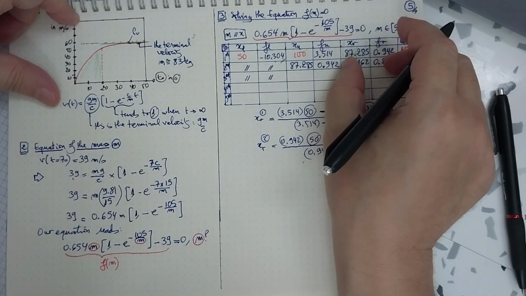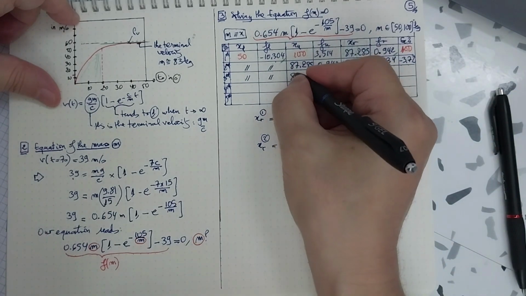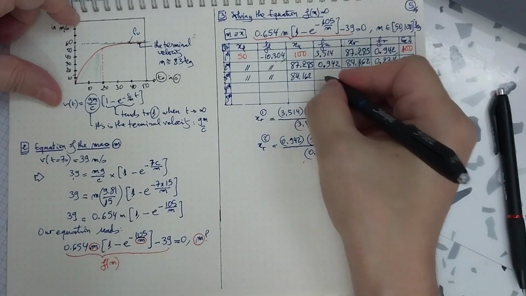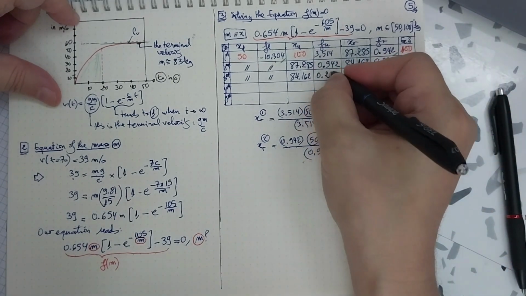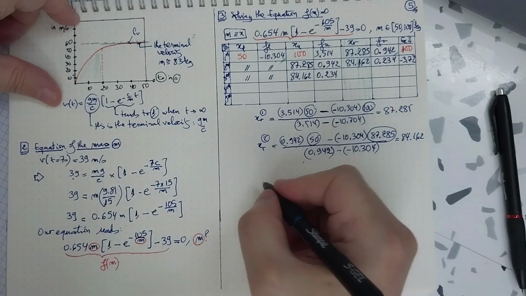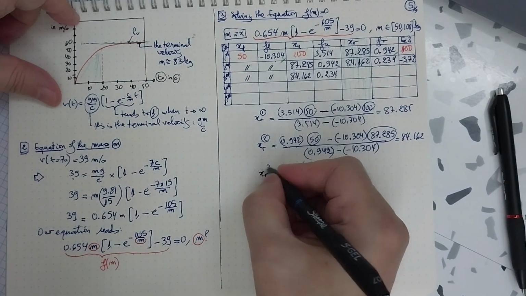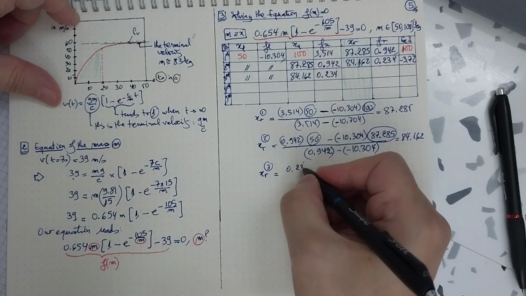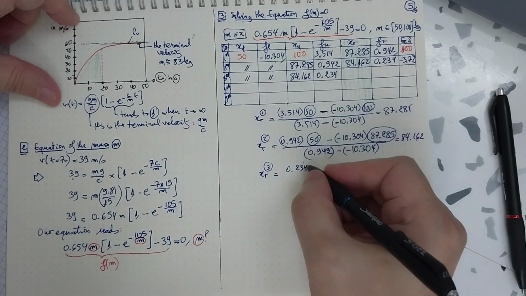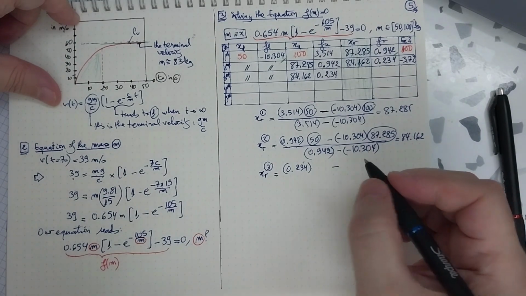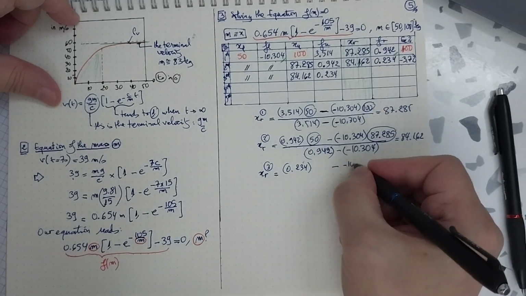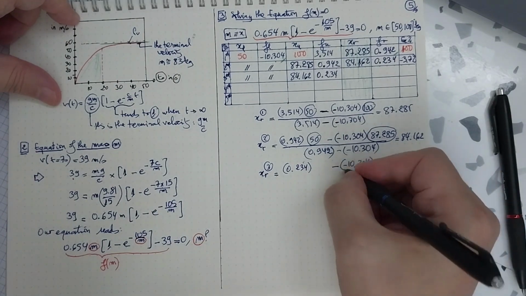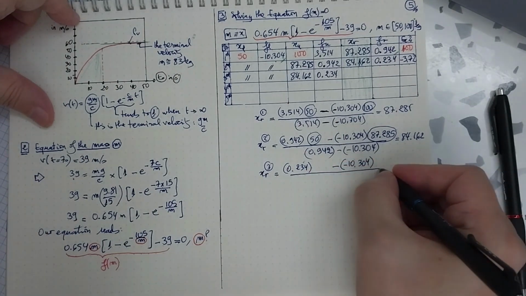And we take XR and its image, 84.162 and 0.234. And I apply again XR, third iteration. 0.234 is our new FU, and FL is still minus 10.304 in the numerator and denominator.